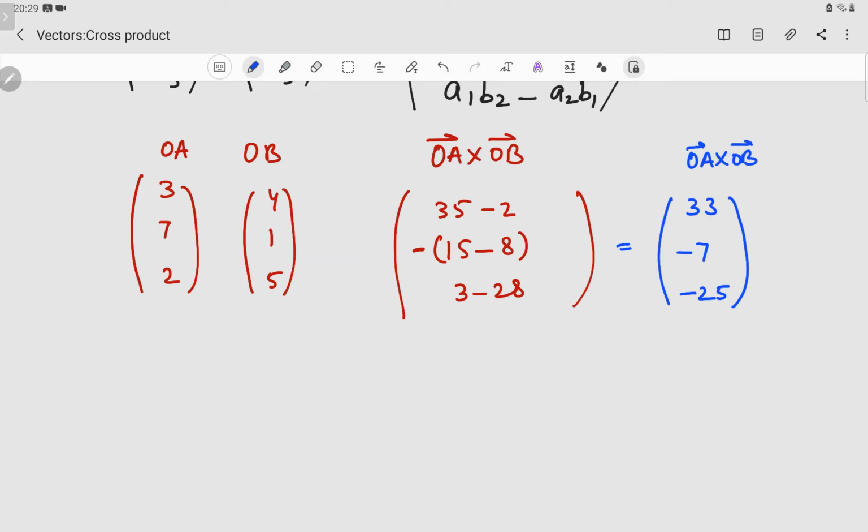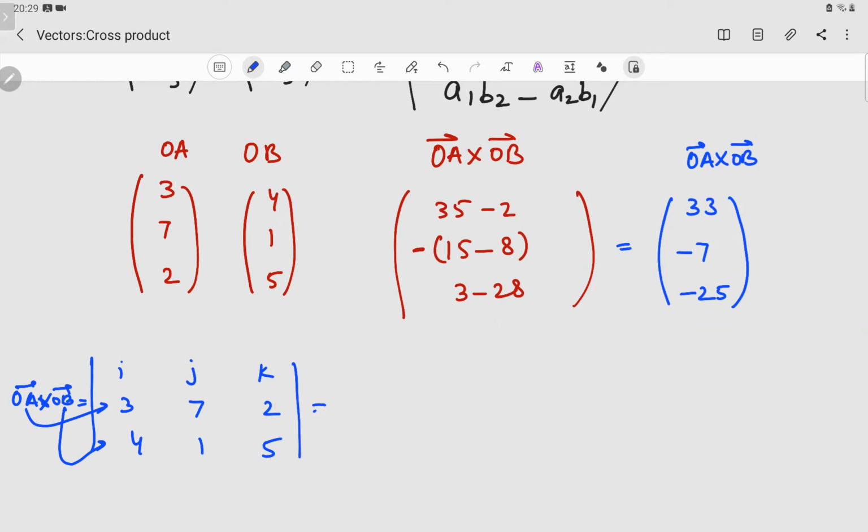Now, if you're not interested in this method, you can use the old method of expanding by the determinant. Write the vector which occurs first in order as the second row, okay? And the vector which occurs second in order should become the third row. Now we expand it.